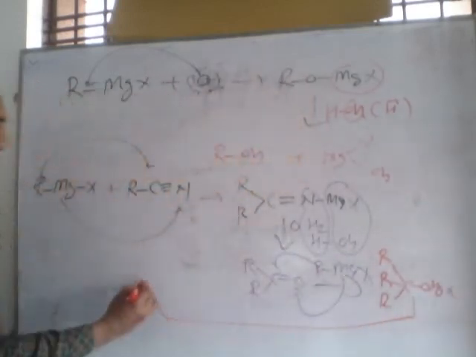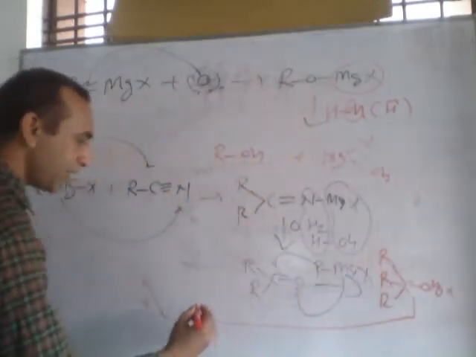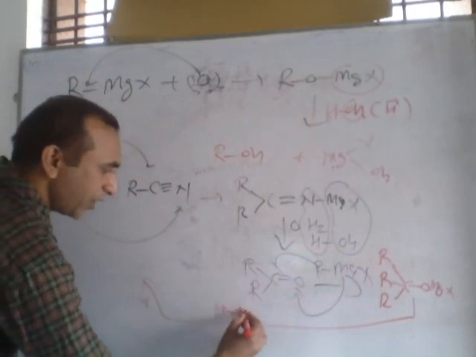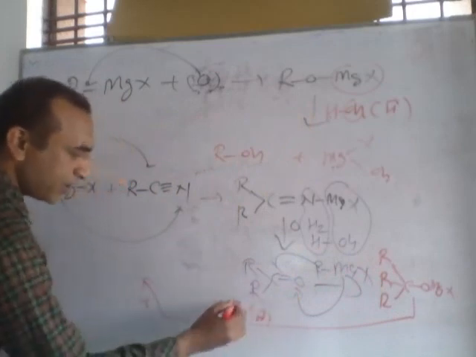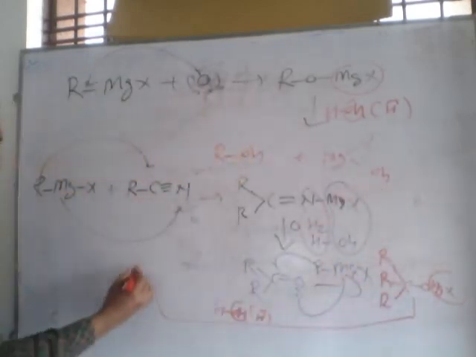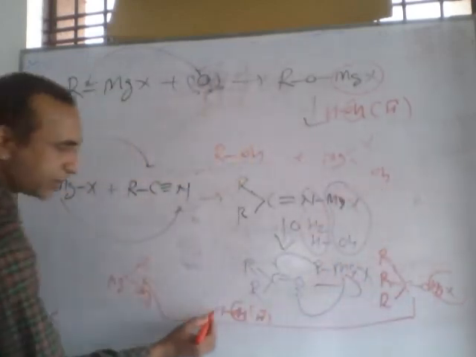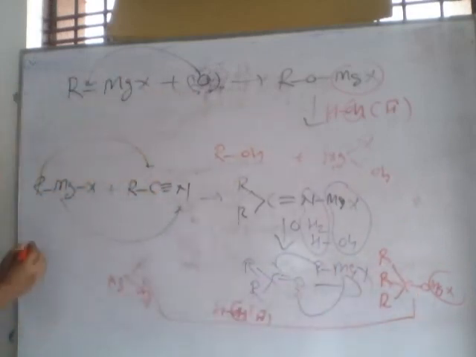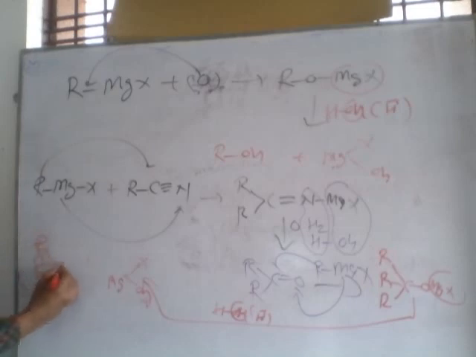After the reaction, if this compound is heated with water in presence of acid, what will happen? This OH reacts to form MgX and OH, and this H joins here. After the reaction, this tertiary, meaning RRR, 3 carbons with OH, this tertiary alcohol is formed.